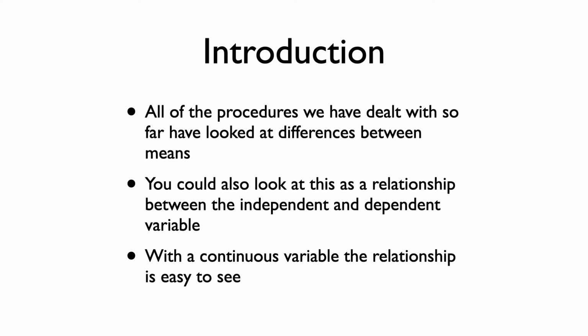It doesn't really matter. But as one variable increases, the other one increases. So a continuous variable is a variable that can take an infinite number of possible values. As one goes up, the other one goes up. And you can take it from a scatter plot. Make sense so far? Good? Okay.